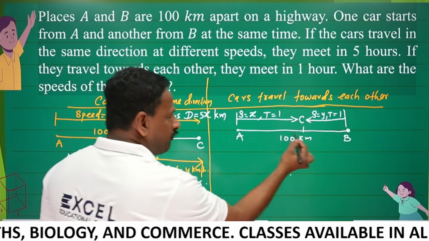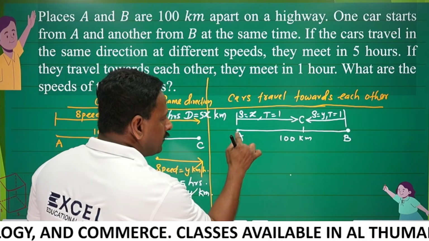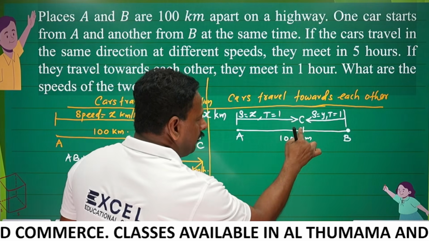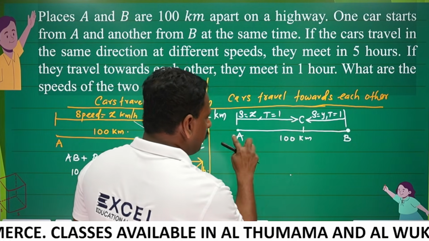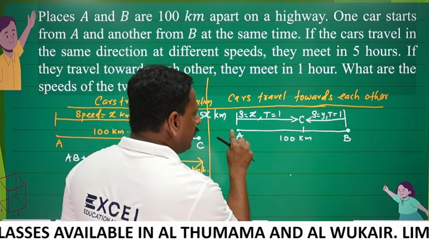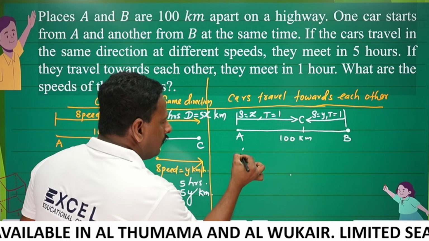Now from this figure what we can write is AC plus BC is the same as AB, right?